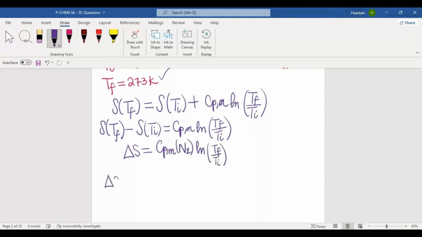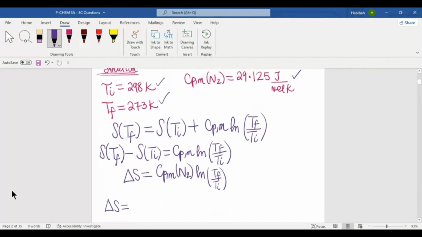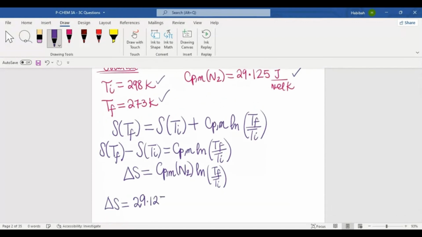So the change in S is equal to Cp,m of N2 gas, that would be 29.125 joule per mole Kelvin, times ln T final divided by T initial. So that will be 273 kelvins divided by 298 kelvins. So that's how it's done.